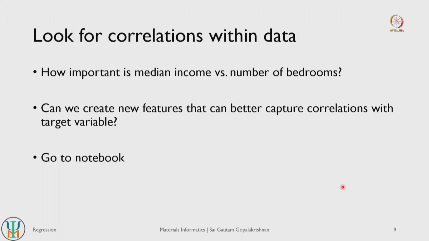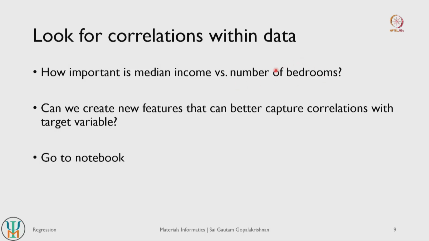Okay. Now the next thing that we should do is to look for correlations within the data. One important correlation could be median income. We have already stratified our data based on income, and we created a stratified test split. And maybe another important parameter could be the number of bedrooms.